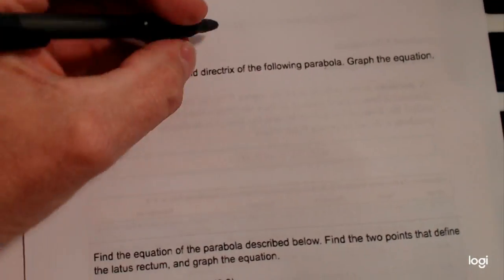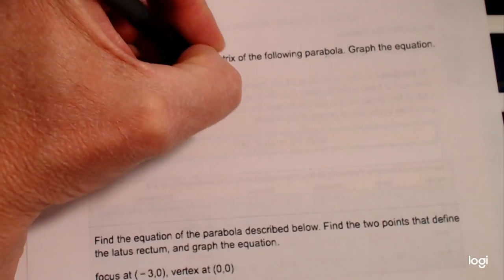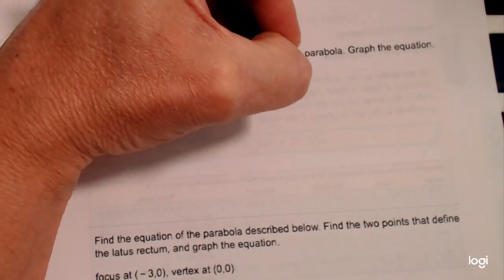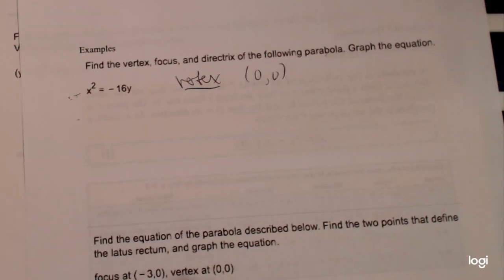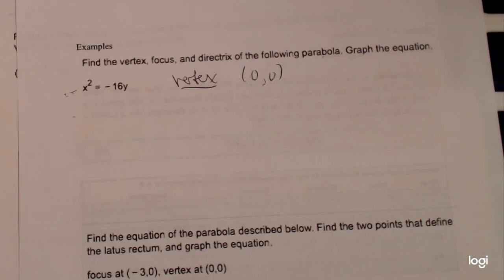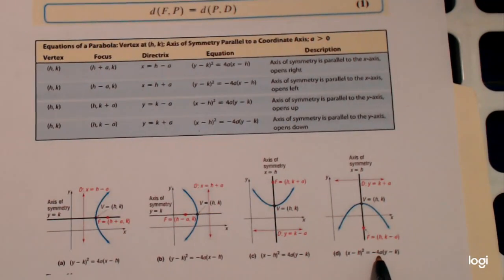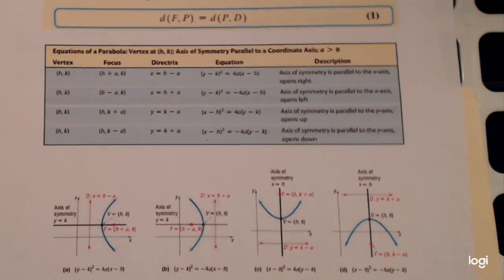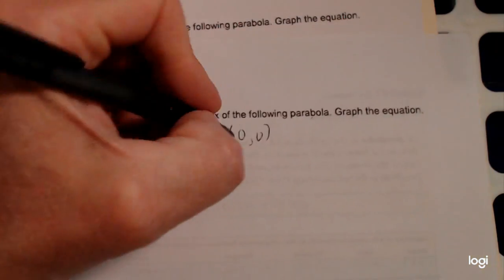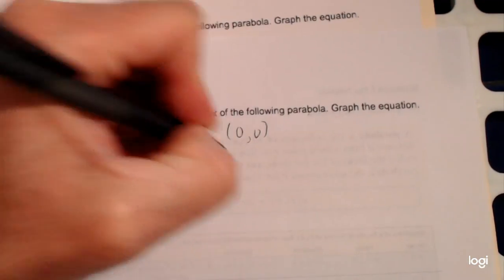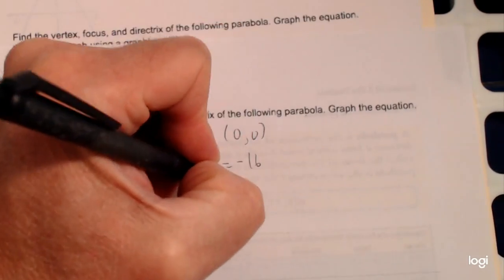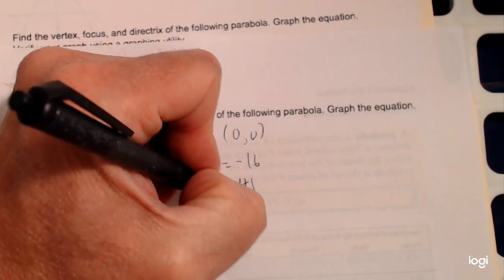Now, we know that the vertex is going to be at the origin because it's not x minus anything or y minus anything. We know, if we look right here, that negative 4a equals negative 16, so a equals positive 4.